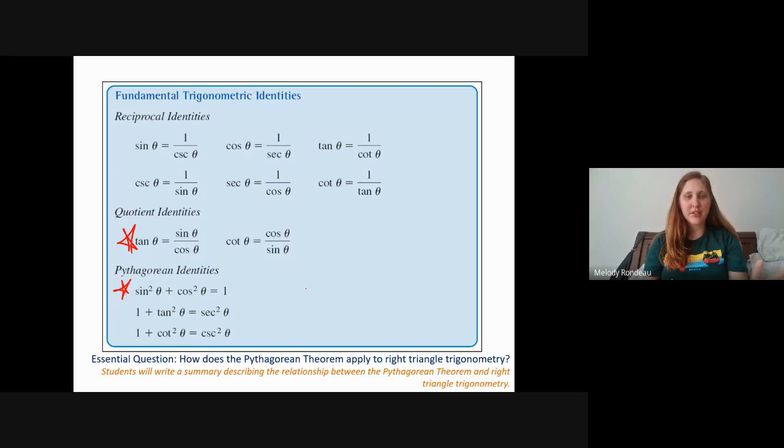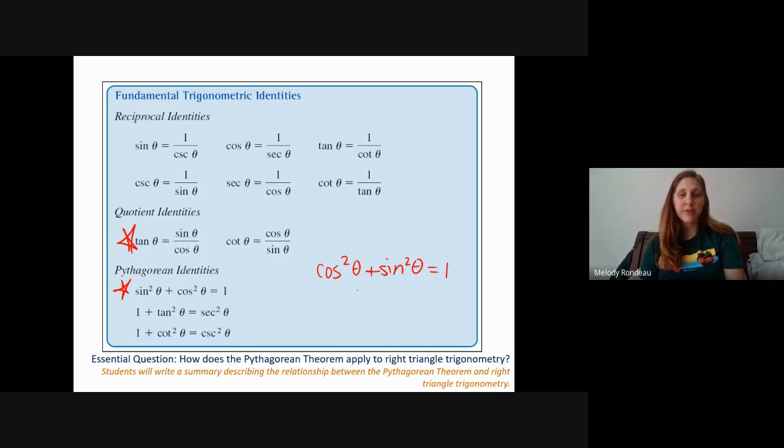I'm going to do a quick second and tell you where this comes from. We have Pythagorean identities, which gives a hint that it's from the Pythagorean theorem. If I reorder it and call it cosine squared plus sine squared equals 1, all I did was put cosine in front and sine in the back. Then we learned from the unit circle that cosine went with x values.